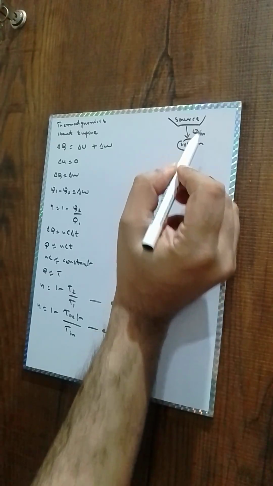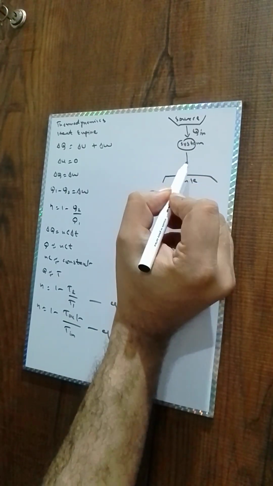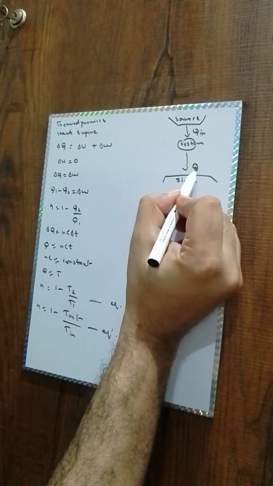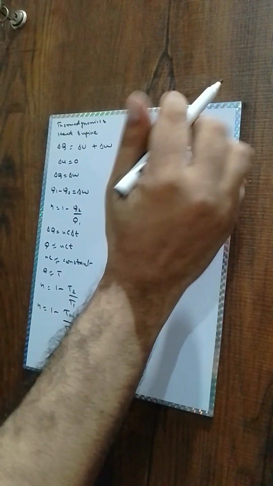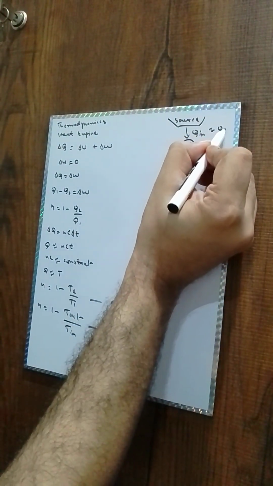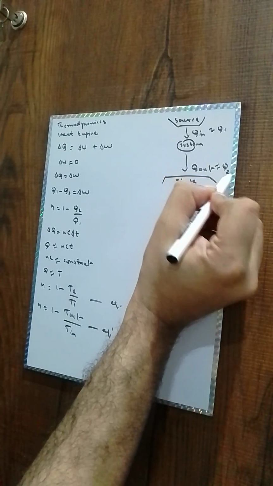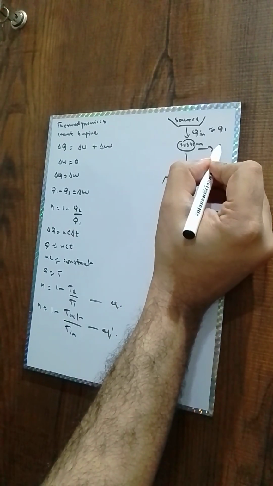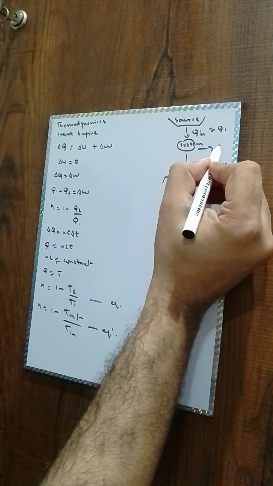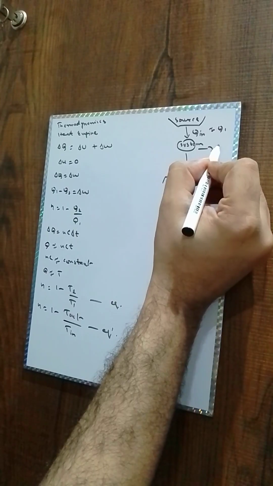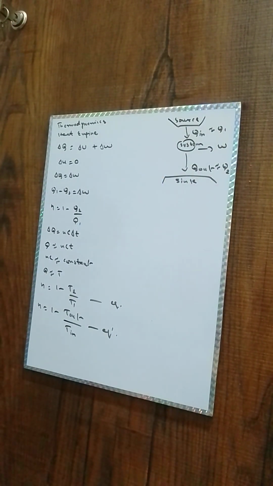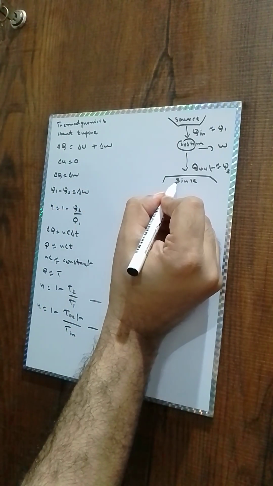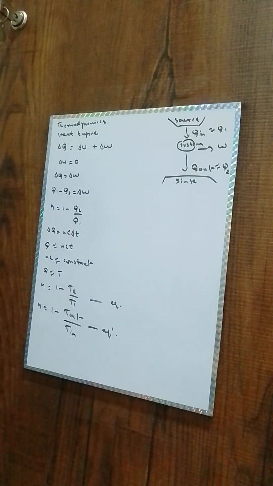So what we get from the source is Q1 at the heat end, and what we put out to the sink is Q out, which is Q1 here and Q2 here. And what the system does in this case is the work. Okay, this is to schematically represent the heat engine.